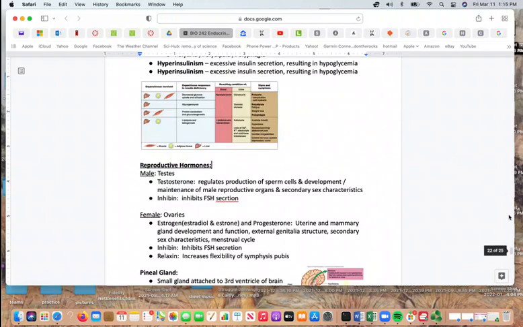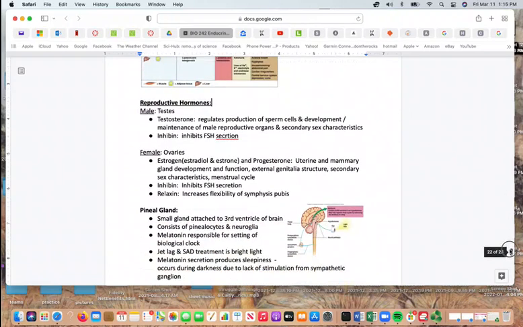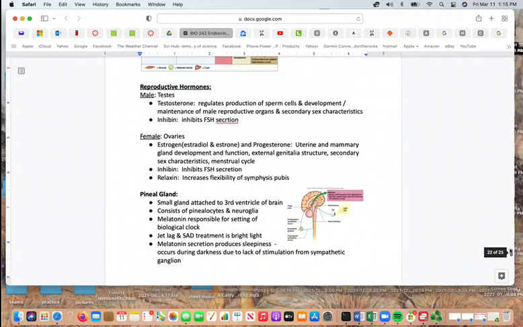So reproductive hormones in the males, these are going to occur in the testes. They're going to regulate the sperm production and development of the male sex organs, giving secondary sex characteristics. Inhibin is going to shut down FSH secretion. In the females, you've got the ovaries, and they're going to produce estrogen.